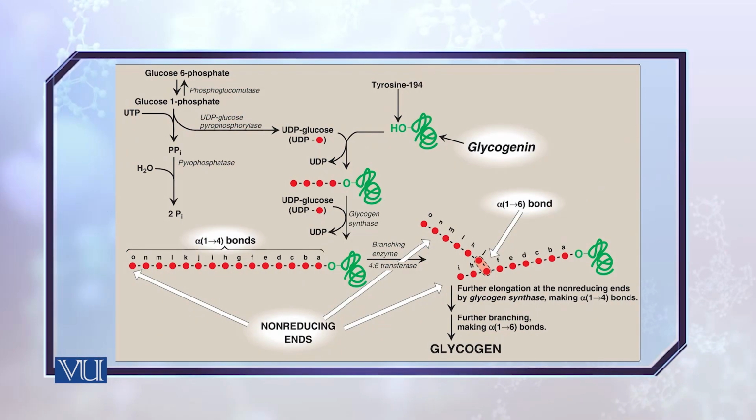In glycogen, glucose 6-phosphate was converted into glucose 1-phosphate, and glucose 1-phosphate was then bonded with UDP with the assistance of UTP, so that you eventually got the UDP-glucose molecule, which was then added into the growing chain of glycogen.